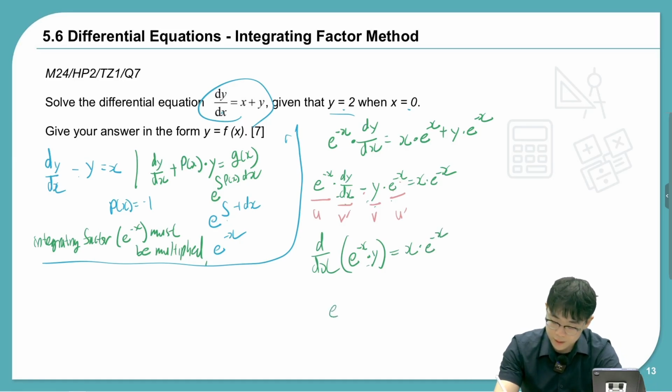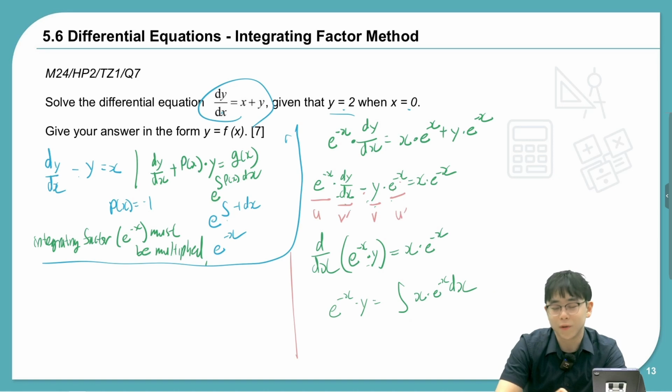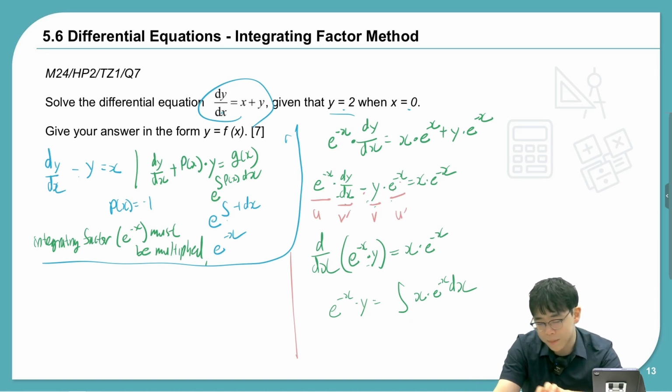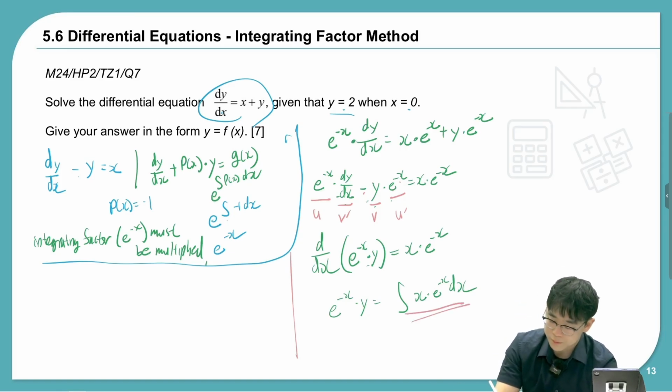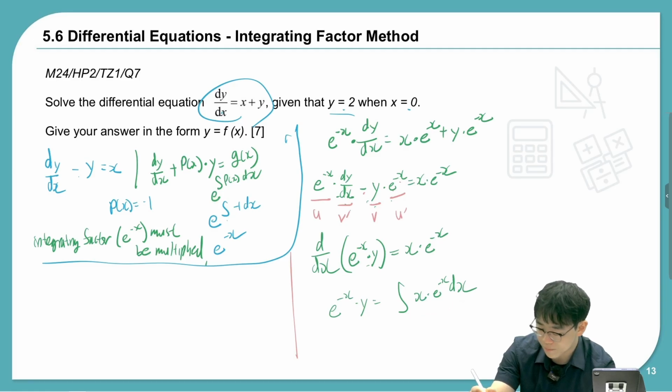So in order to find e to the power of -x times y, we can then integrate x times e to the power of -x dx. Okay, so the first part involved us using integrating factors, and the second part actually requires us to use integration by parts, right? Because there's a product rule, but for integration. Okay.